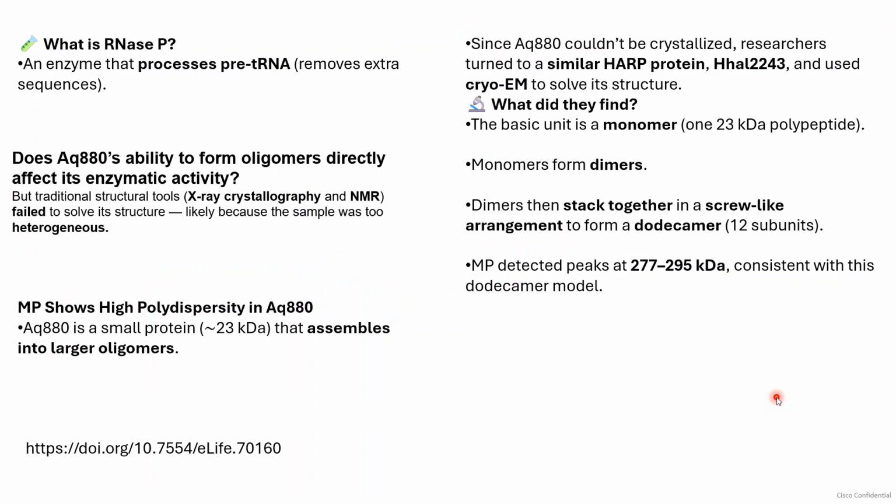The next example is RNase-P, a very important enzyme that processes the pre-tRNA, removing extra sequences. RNase-P is used for processing of pre-tRNA.